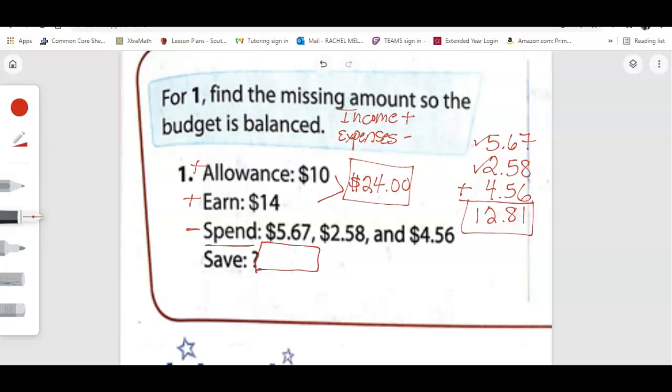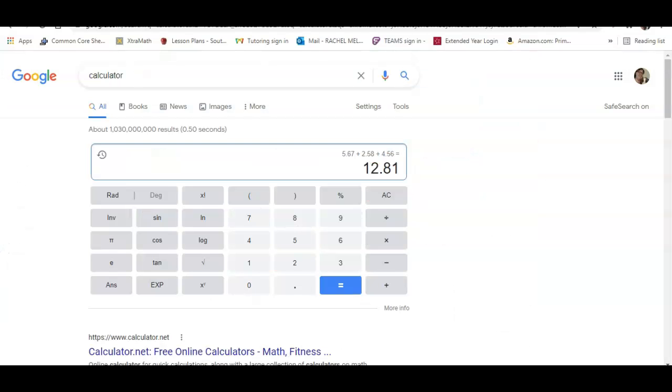Okay, so this is my income. This is my expense. Okay, so in order to find out how much this person can save, I find the difference. Okay, so I need to do $24 minus $12.81. When you're using the calculator, you need to clear it. Okay, so $24.